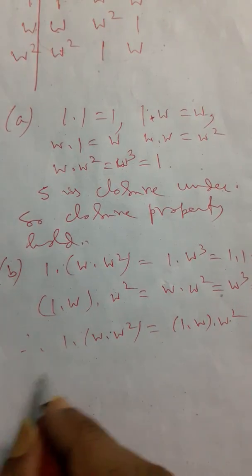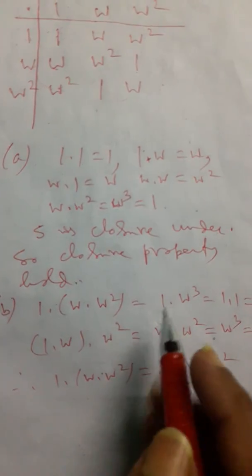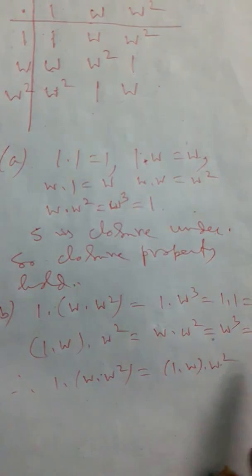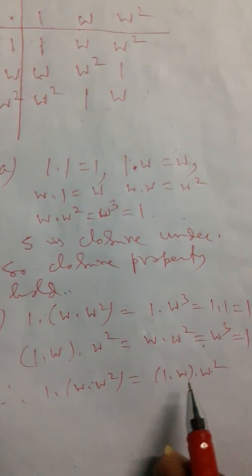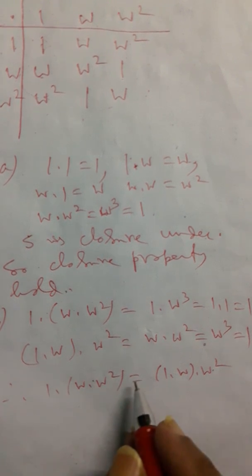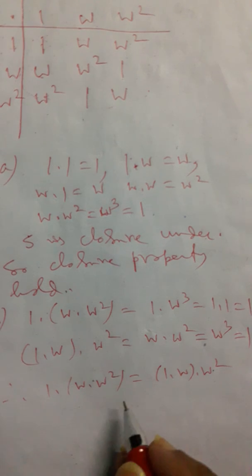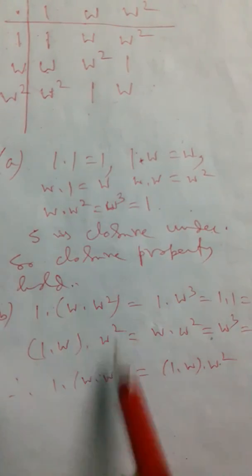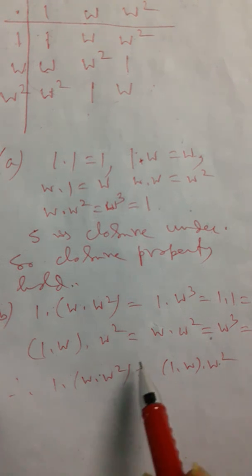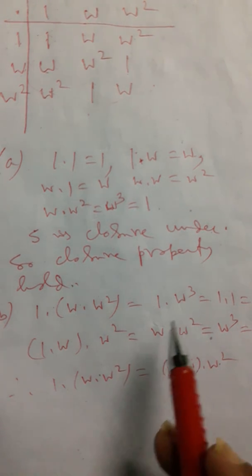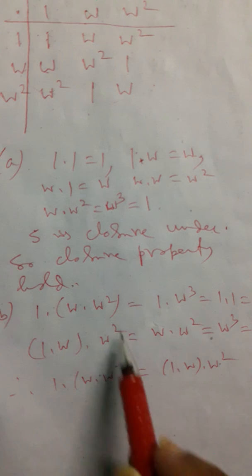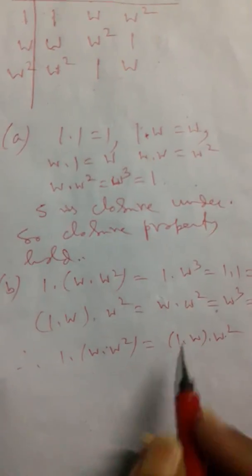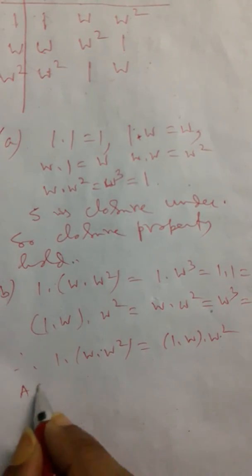So associative property holds. If we take any pair of elements, that also lies in the same table, and it is also clear that associative property is an inherited property in any group. We can take any such elements and we get the same results. So associative property holds.